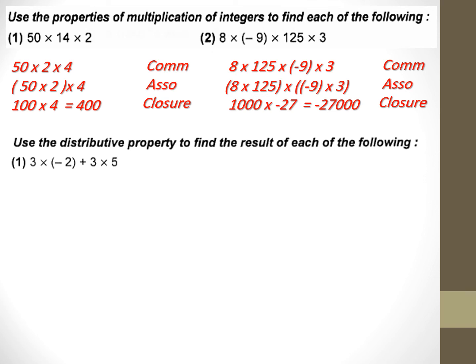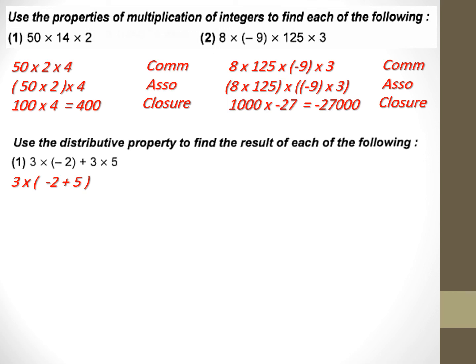By using the distributive property, find the result. Firstly, we will take the similar integer as 3 and we will open a bracket like this. We will take 1 from the two similar integers: 3 times negative 2 plus 3 times 5. The similar integer is 3.